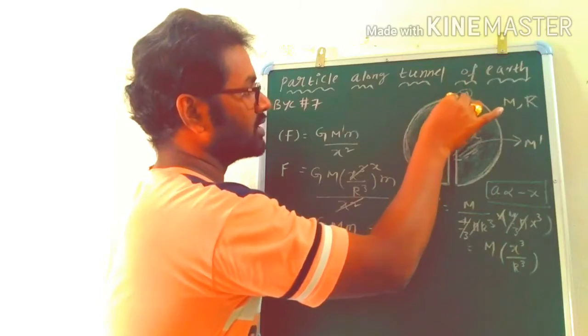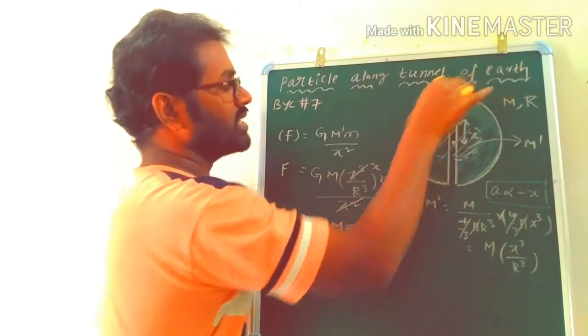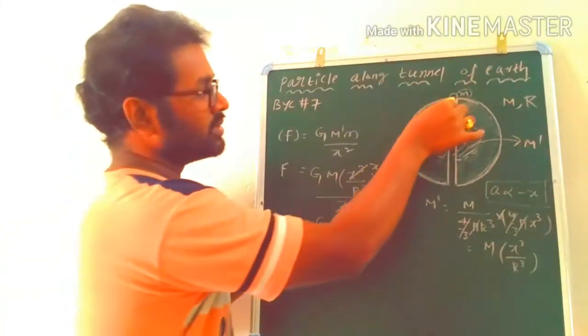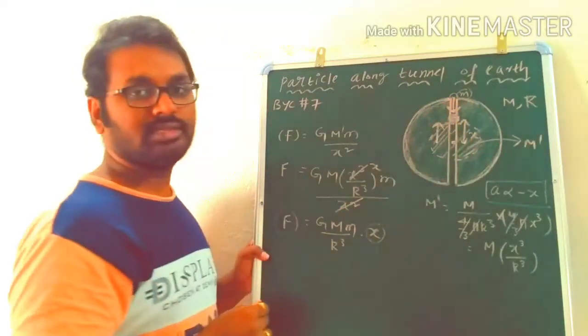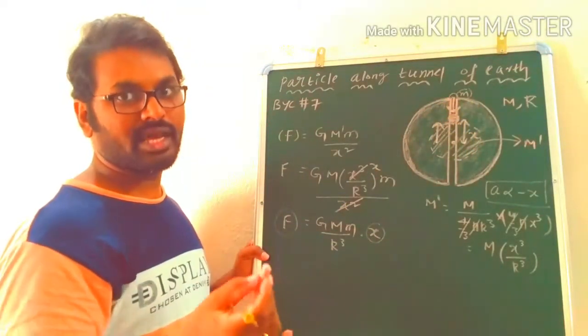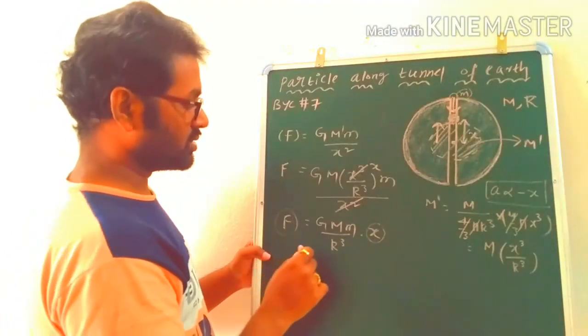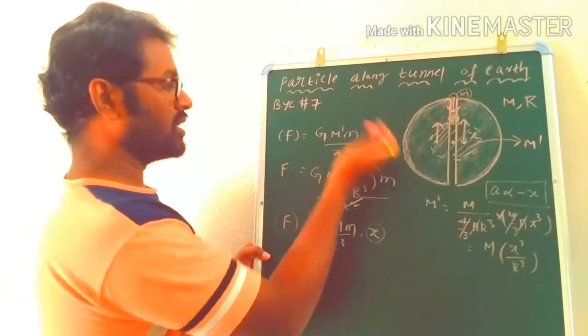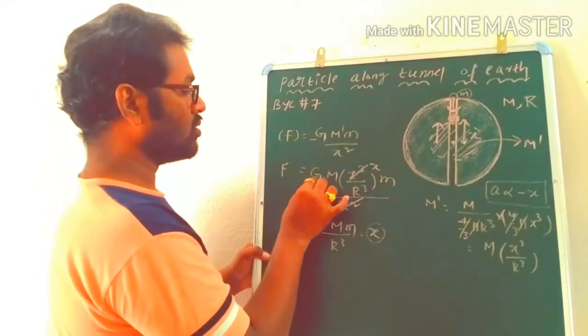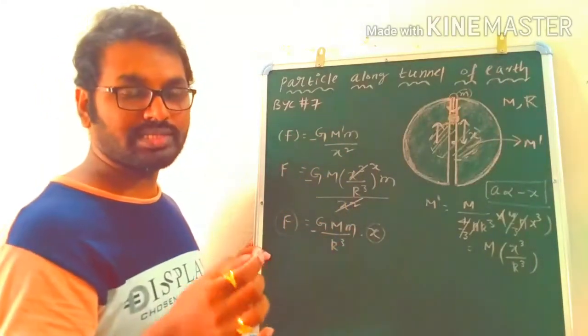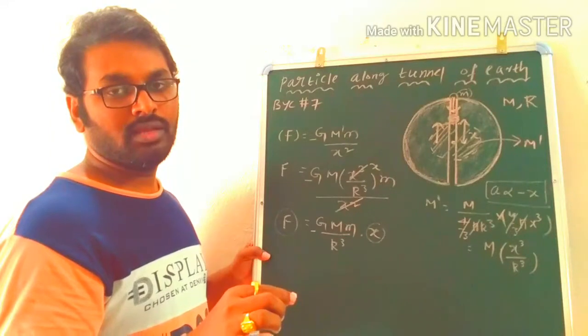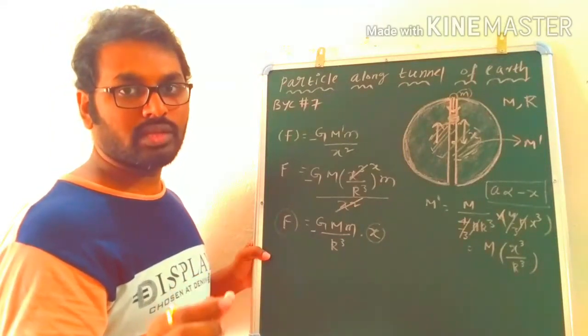You can see the force direction is acting towards the center of the Earth, and the angle between these two is 180 degrees. They are opposite to each other. So in the exact relation, from the starting we can place a negative sign, because the gravitational force is always an attractive force. The attractive is defined with the negative sign.